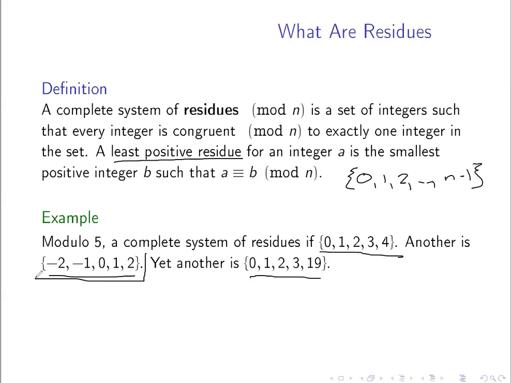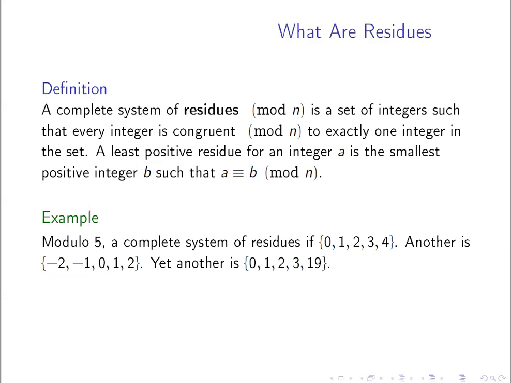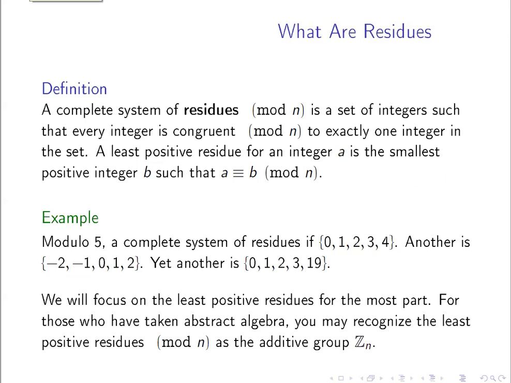Something like this complete set of residues is actually a more common occurrence than you might think, because what if I want to stay with 0 being essentially my middle value and a little bit on each side? So there are different ways we can approach this, depending on the situation. Now, that does not mean in the middle of the process we cannot utilize numbers outside of these residues, but we want to end up in a residue.